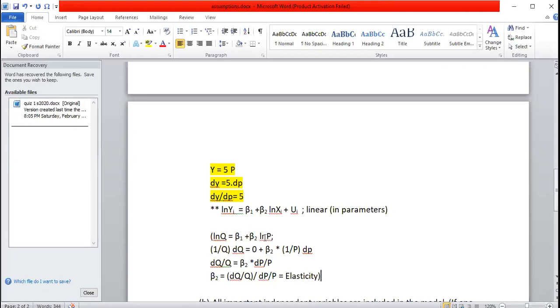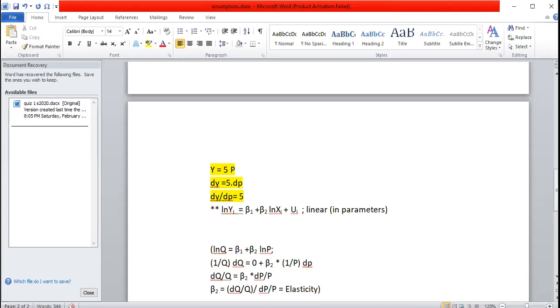Beta 2 is price elasticity of quantity demanded. If you have x here, y there, what is beta 2? X elasticity of y. And x can be anything, y can be anything.